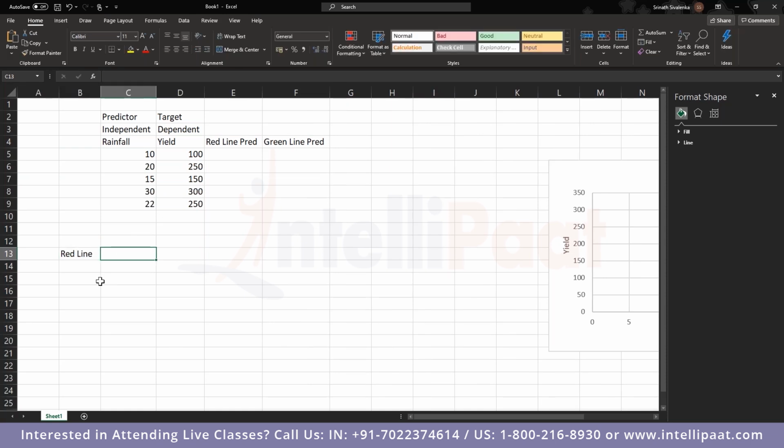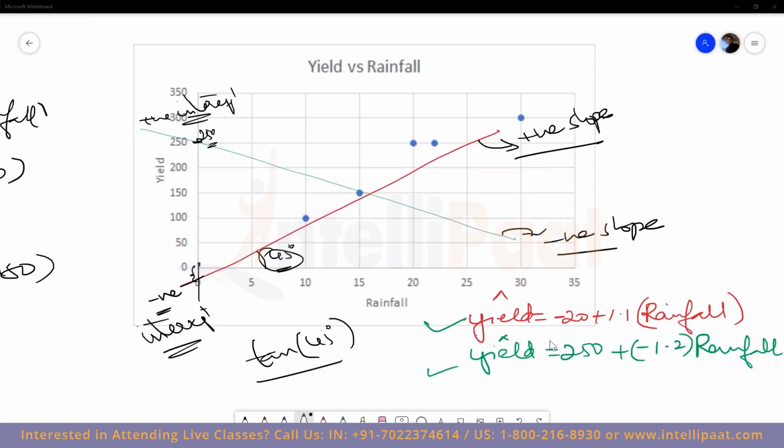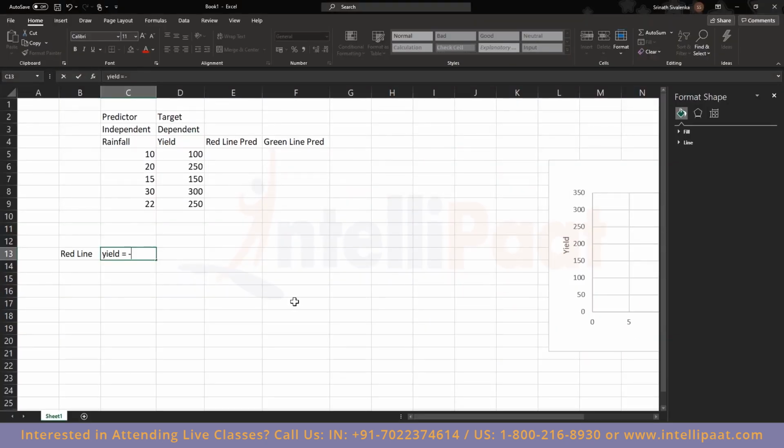So the predicted value of yield is equal to minus 20 plus 1.1 times your rainfall. Similarly, for your green line, I'm saying this is 250 minus 1.2 times rainfall. Just a random guess.